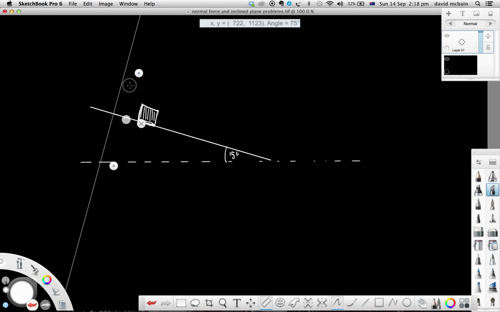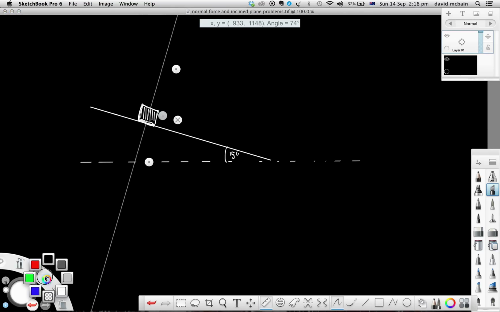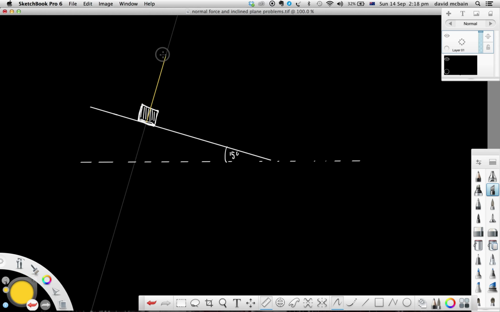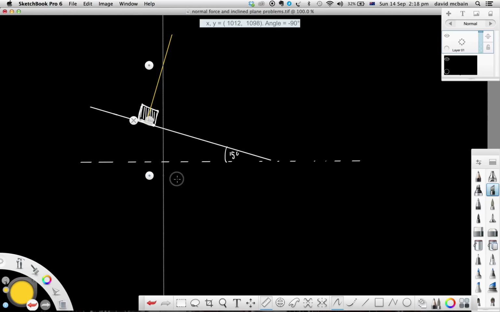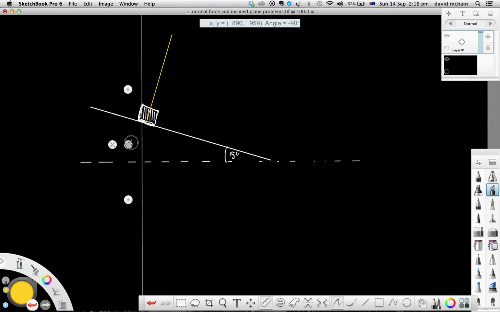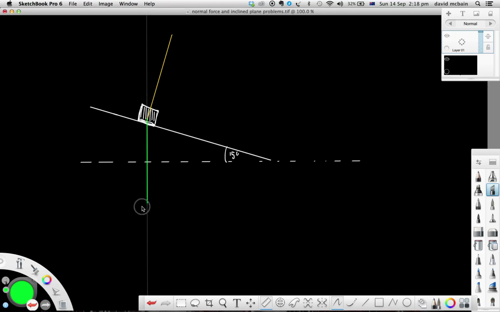Okay, so the normal is acting in that direction, and the weight force will be acting straight down. That's the weight force, and that's the normal force.